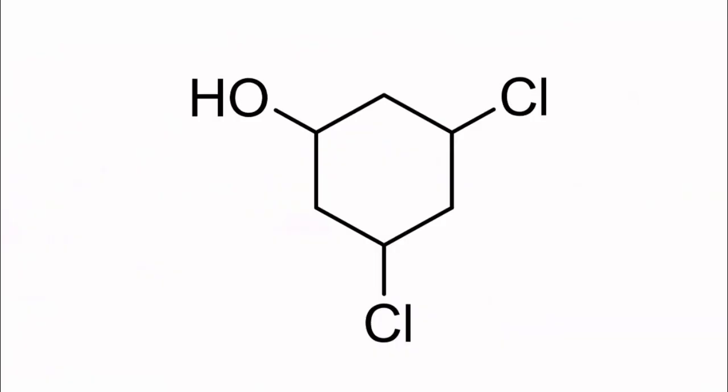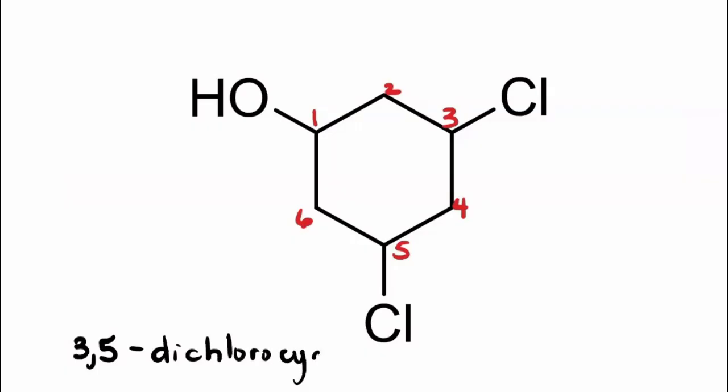This cyclic alcohol, this is carbon 1, 2, 3, 4, 5, and 6. The name of this molecule is 3,5-dichlorocyclohexanol.